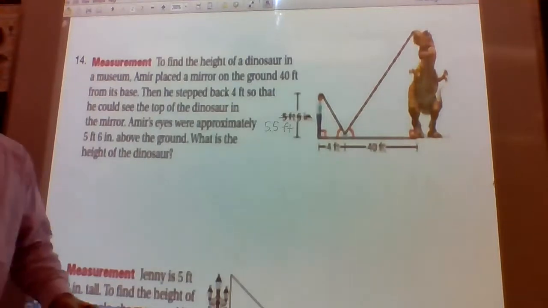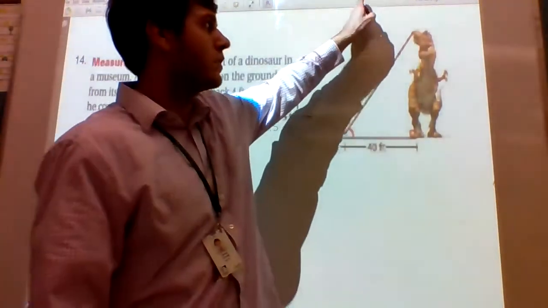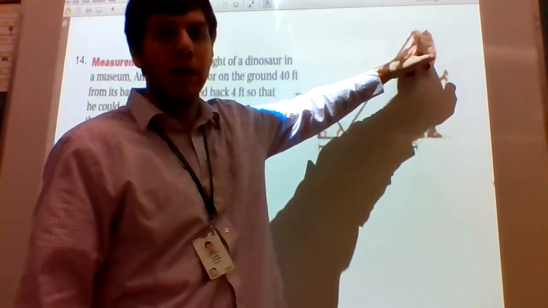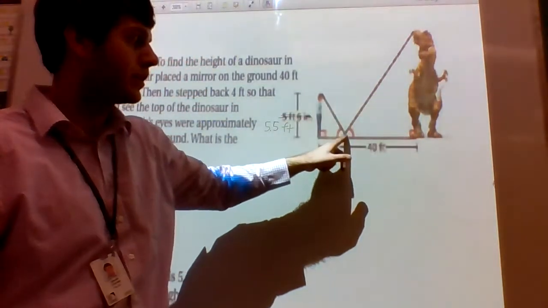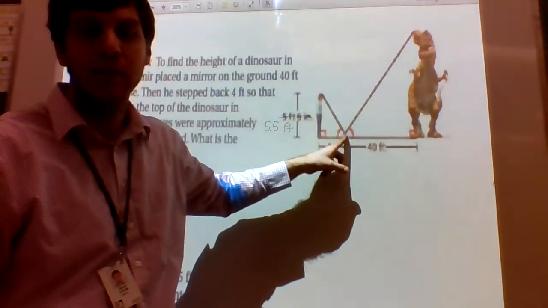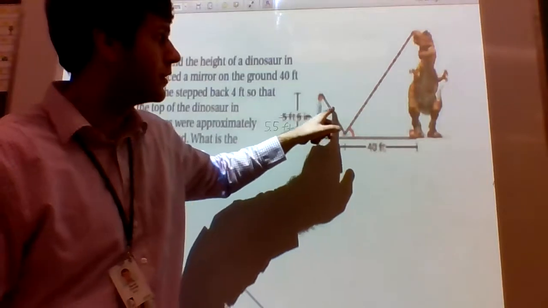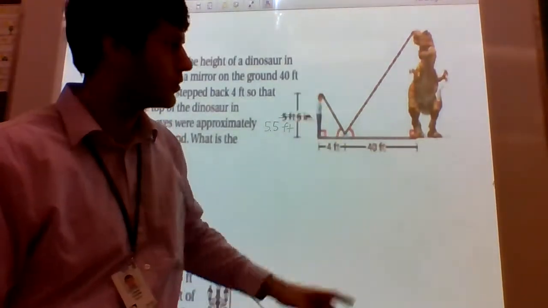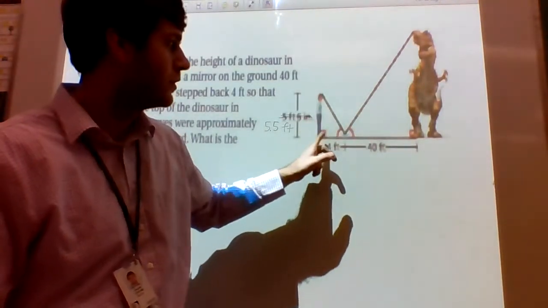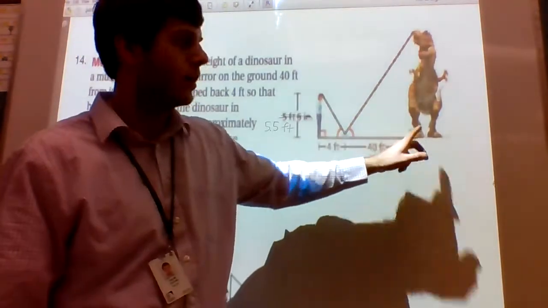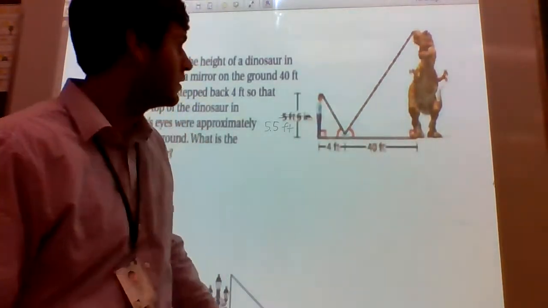They even show us what happens here: the light comes down, reflects off the dinosaur, hits the mirror, reflects off the mirror at the same angle it came in, and then comes up and hits our eyes. So these angles are the same. We're standing in an upright position at a 90-degree angle.